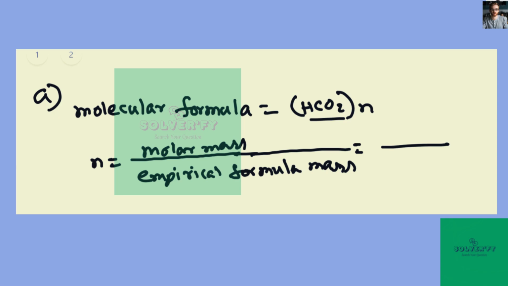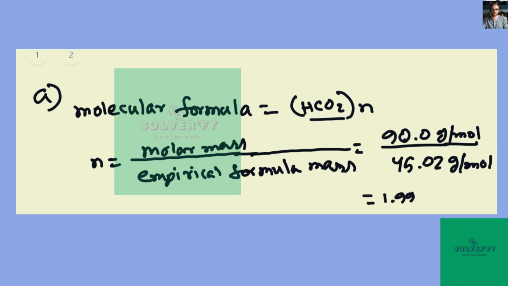So molar mass of this compound is given as 90 gram per mole, and the empirical formula mass we have calculated as 45.02 gram per mole, and this will give us the value of N as 1.99, and we can assume this as 2 since we need a whole number or integer for the value of N.